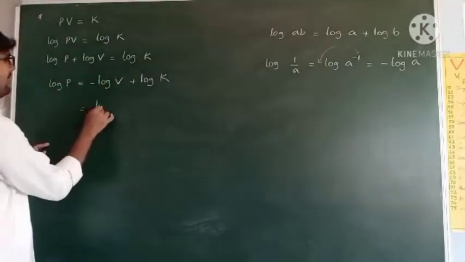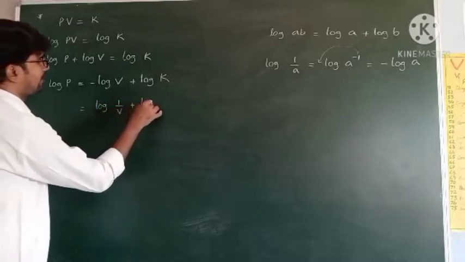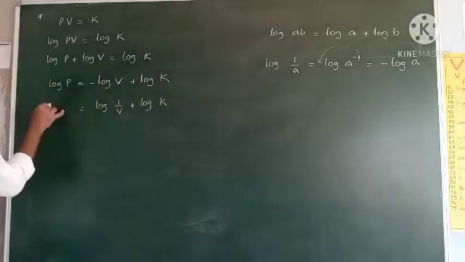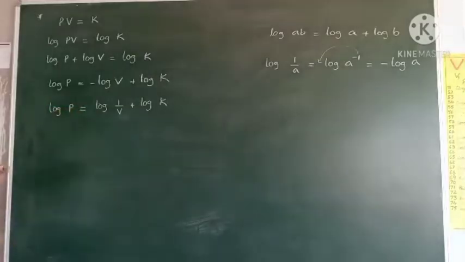So it is simply written as log P is equal to log 1 by V plus log K.